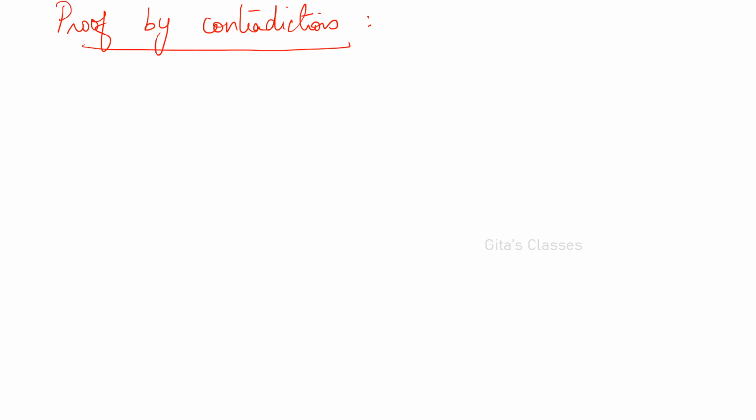We have direct method, rule CP, and indirect method. It is similar to the indirect method, this is nothing but the indirect method only. So that is also called proof by contradiction. And another name for this is reductio ad absurdum.